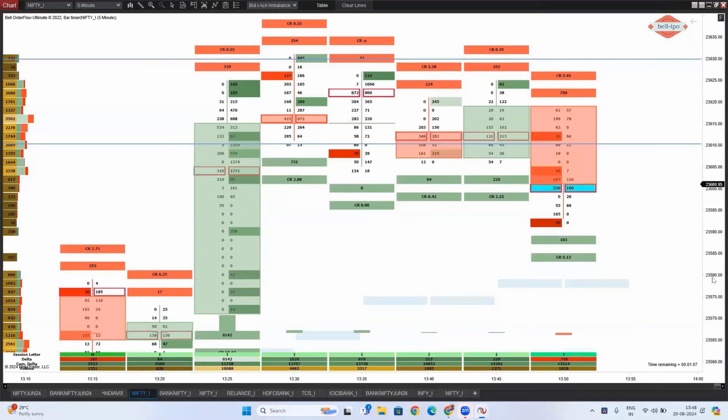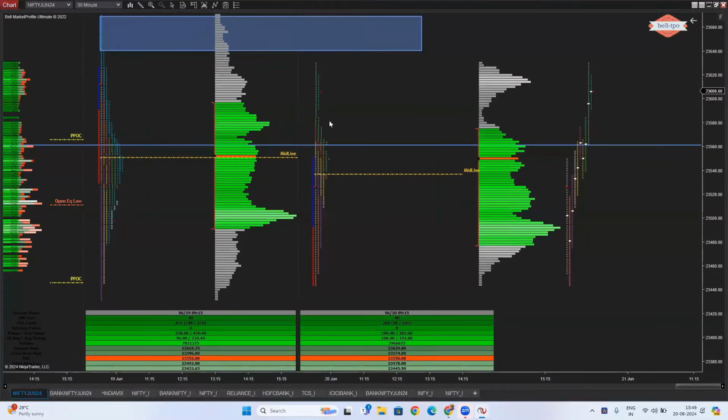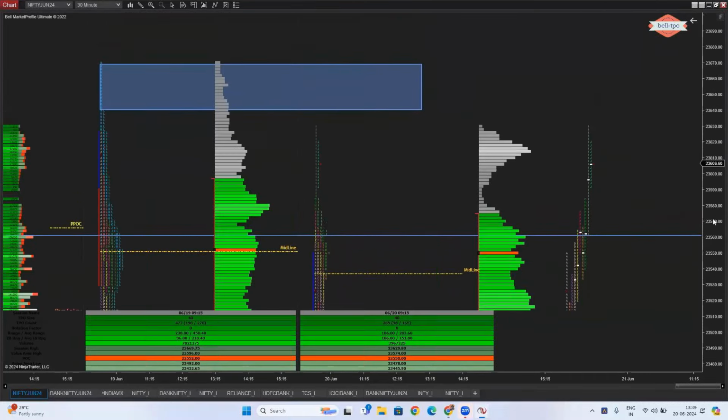So volume is still better. I will not say it's lesser volume, but reasonable volume. And the context here is, has the J period completely cleared? Not yet, but ideally it is supposed to get a clearance here.